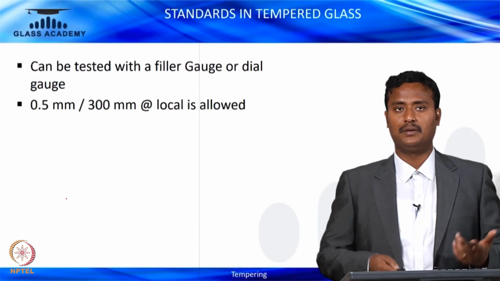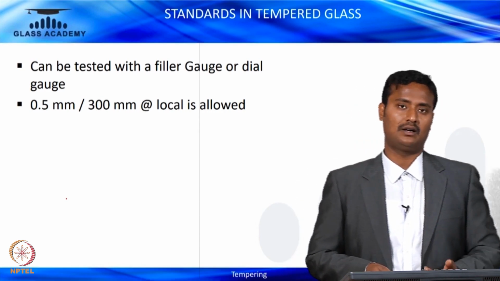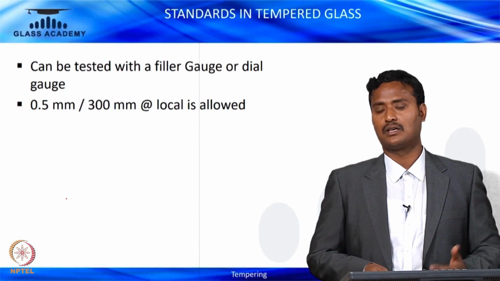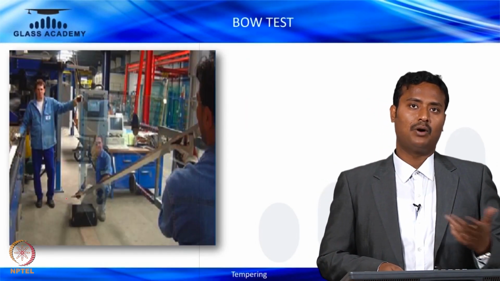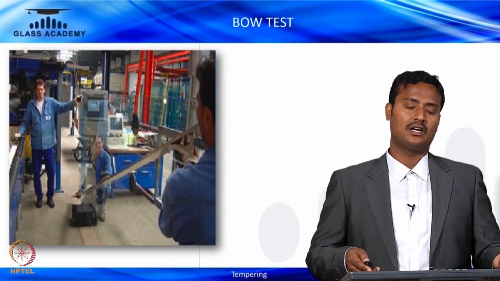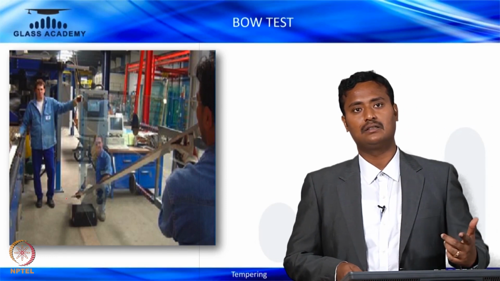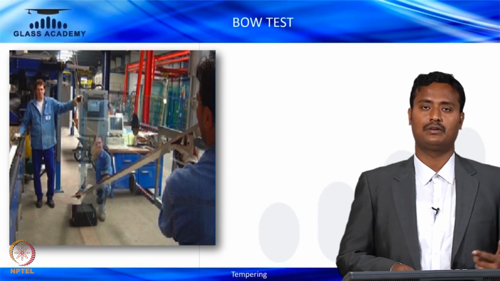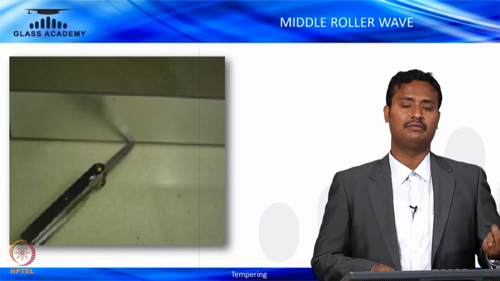Local bow can be tested with a feeler gauge or dial gauge, and 0.5 mm per 100 mm is allowed as per EN 12150. The overall bow allowed as per the EN standard is 3 mm per 1 meter.